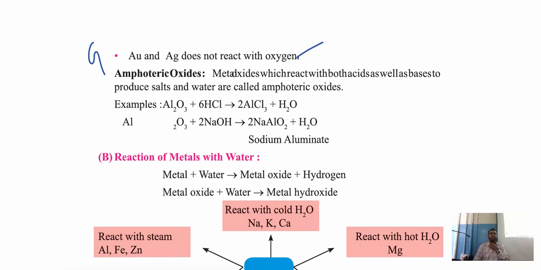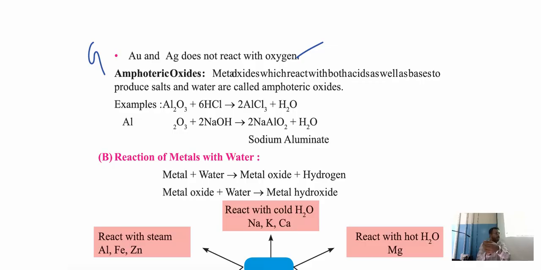Example, every day we use gold jewelry. Women use it, and even men use a gold chain or silver chain. It is not going to react with air. Even though air hits my gold chain or silver chain, do you think it gets corroded?